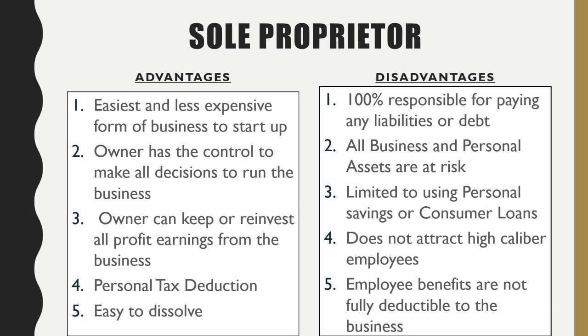It takes about 30 days to process. Once it's processed and you get that license in the mail, boom, you are an established business owner. It is that easy and that quick, believe it or not. All you had to do was fill out a form and pay $100 and boom, you're already a business. So it's the easiest form of business that you can create.